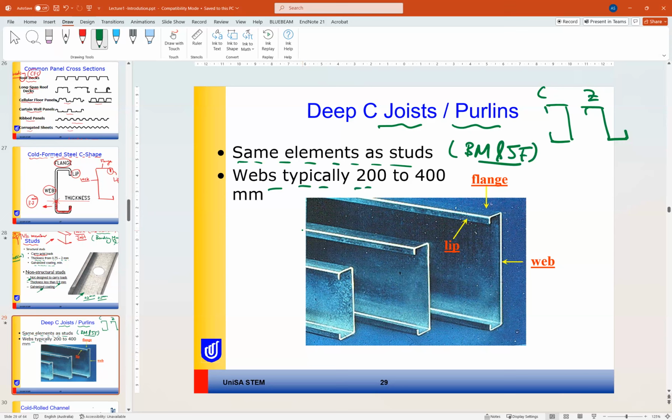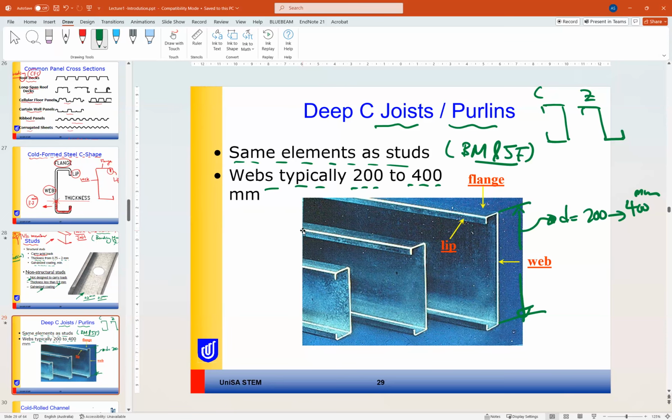The widths are typically between 200 and 14 millimeters. So the depth of this section, which is D, equal to 200 to 14 millimeter. So it is still C-section, but different use.